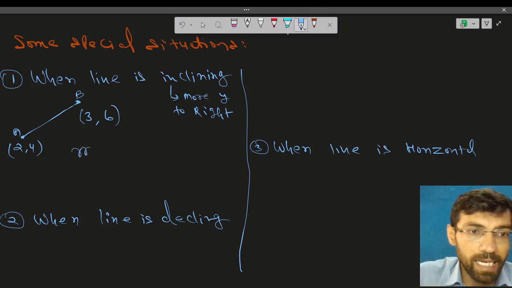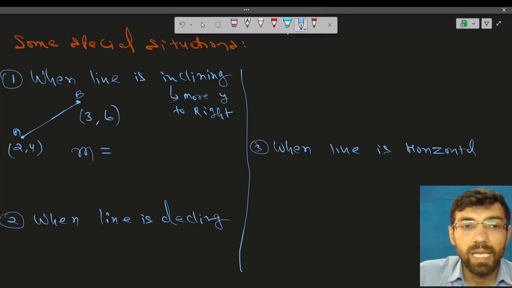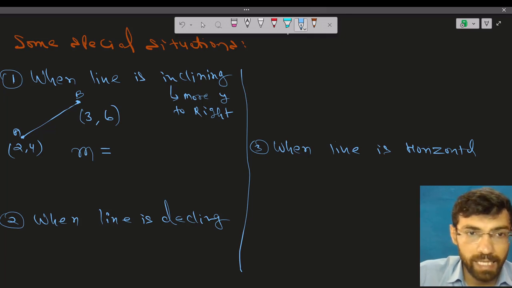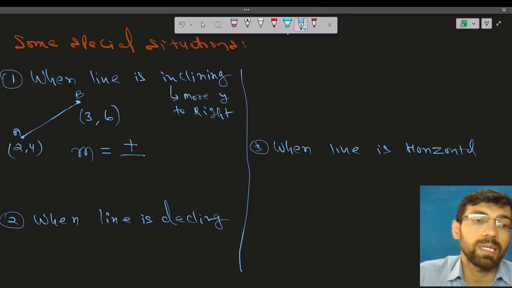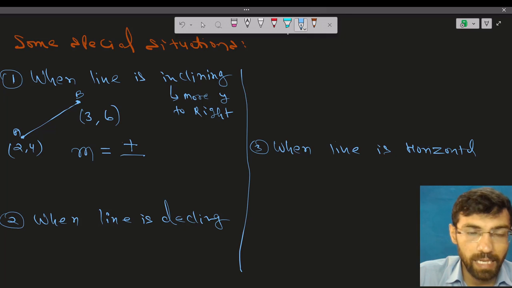In this case, if I calculate the gradient, that is change in y upon change in x, correct? Change in y is y2 minus y1, 6 minus 4. 6 minus 4 will be some positive number. What about change in x?